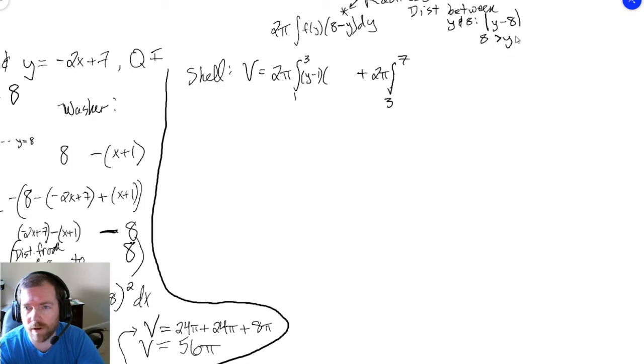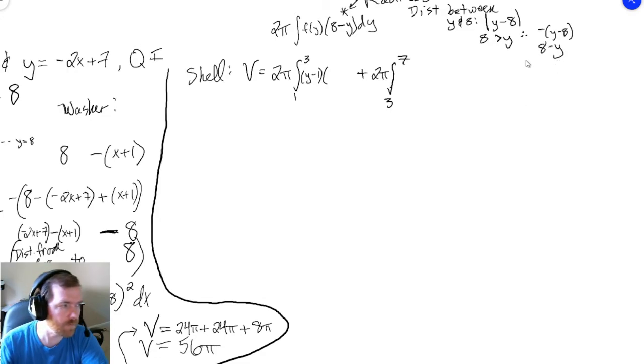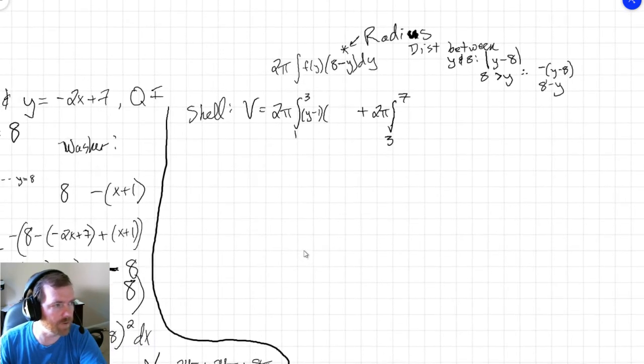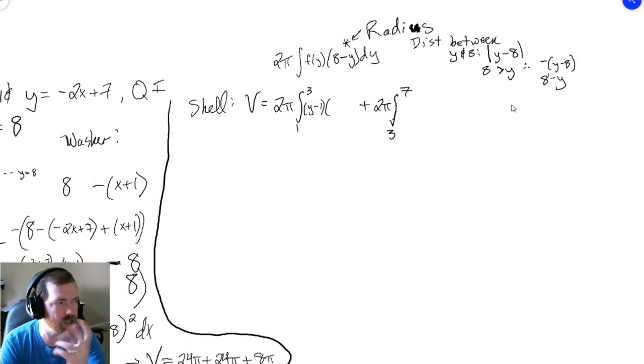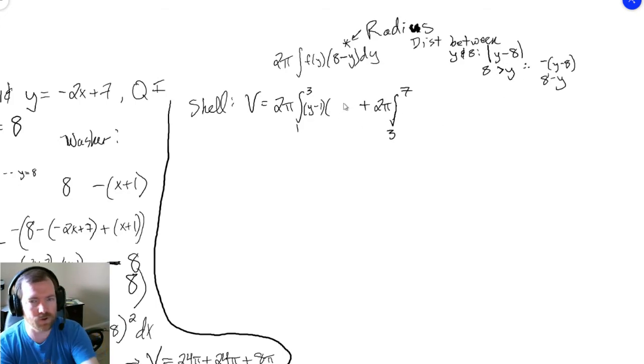Greater than y. Therefore, we use negative parentheses y minus 8, which is then going to be 8 minus y. Alright, when we were talking about absolute value and how absolute value works, again, we're just changing the order of the subtraction in order to focus on letting the solution become positive.